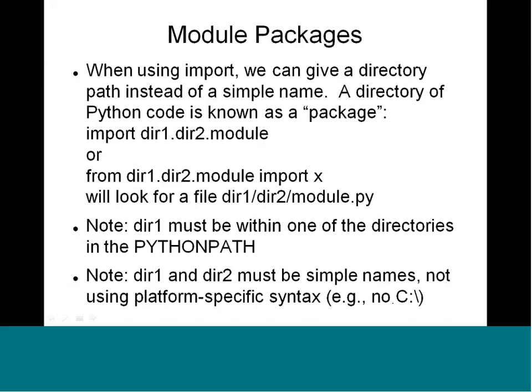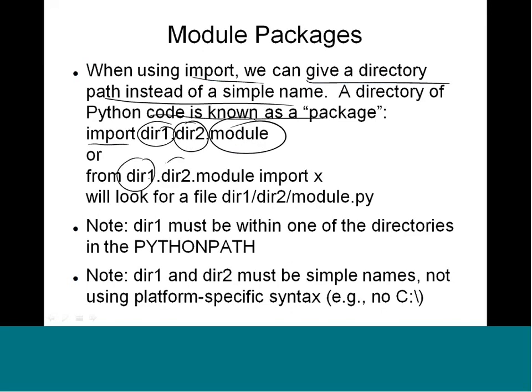So now let's talk about module packages. When using import, we can give a directory path instead of a simple name. The directory of Python code is known as a package. For example, import directory1.directory2.module, or we can also say from directory1.directory2.module import X. Essentially that means look for the file directory1/directory2/module.py.